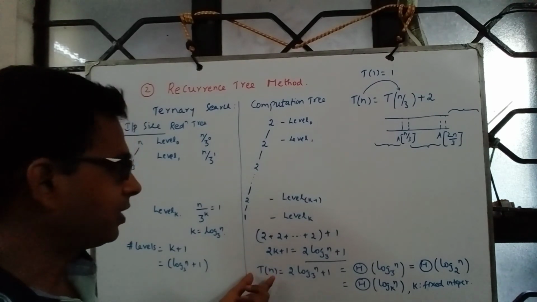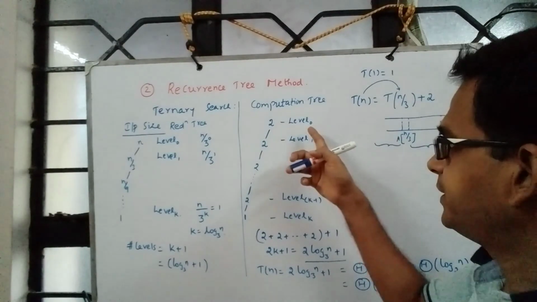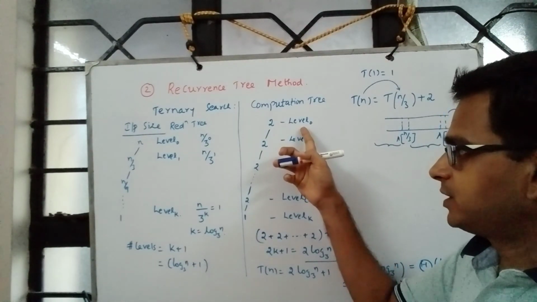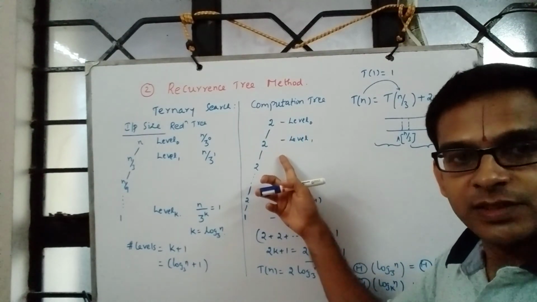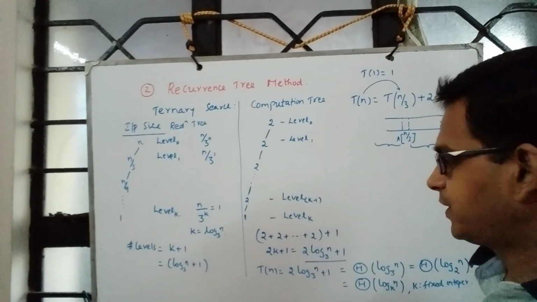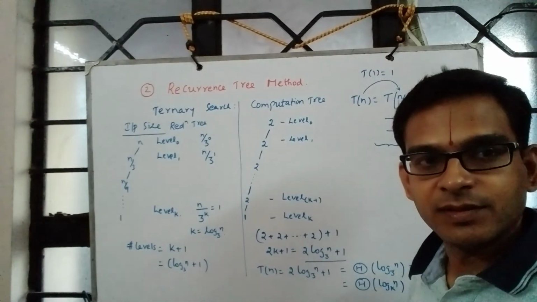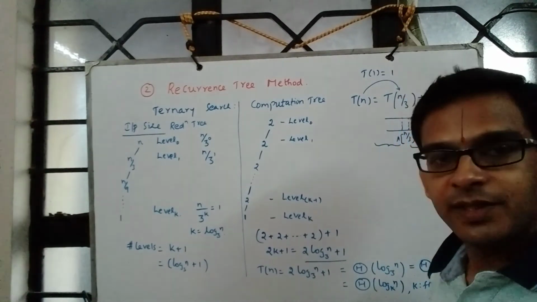To calculate the total number of comparisons, we see how many comparisons we incur at each stage. Number of comparisons at this stage is so much, at this stage is so much, and so on. And look at the number of levels. With that, you can calculate the overall time complexity. So that's precisely the idea.